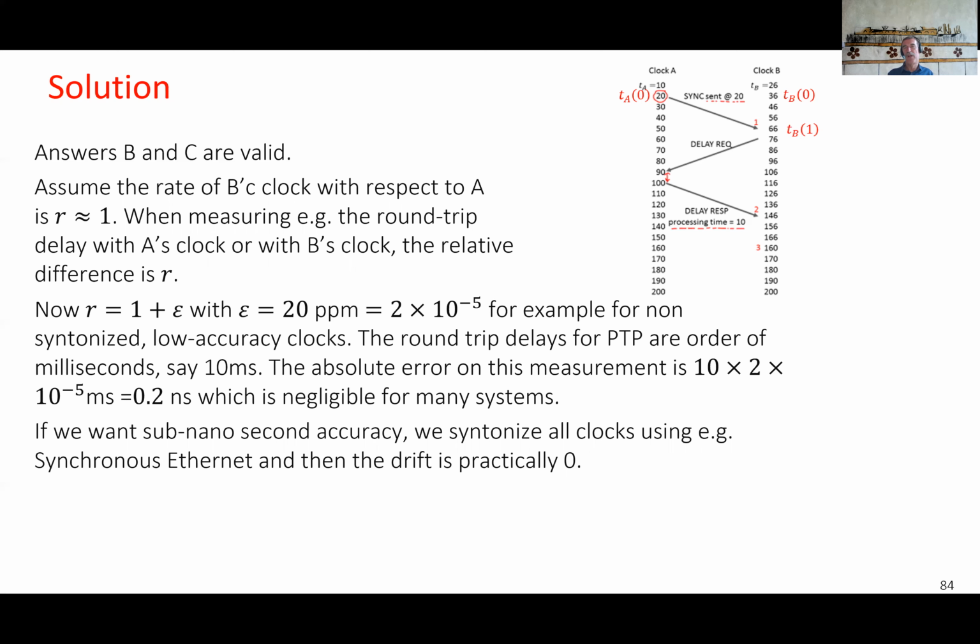But another possible answer is, after all, we don't care. We don't care because when we measure intervals of time that are short, then the error we make on the measurement is given by the ppm.